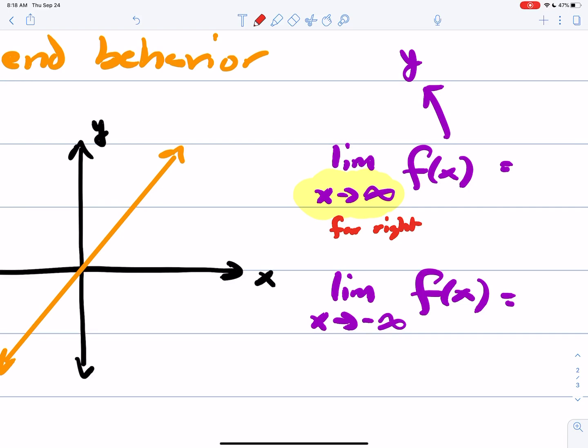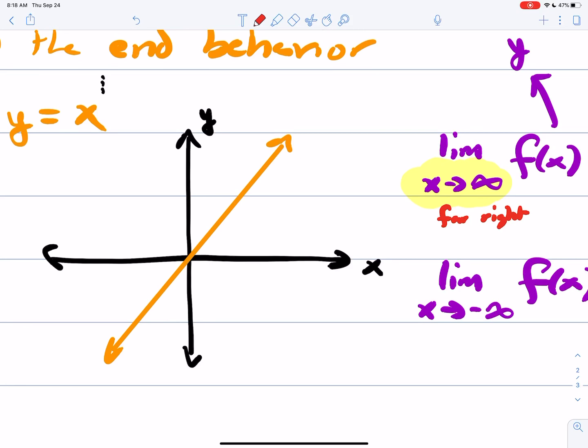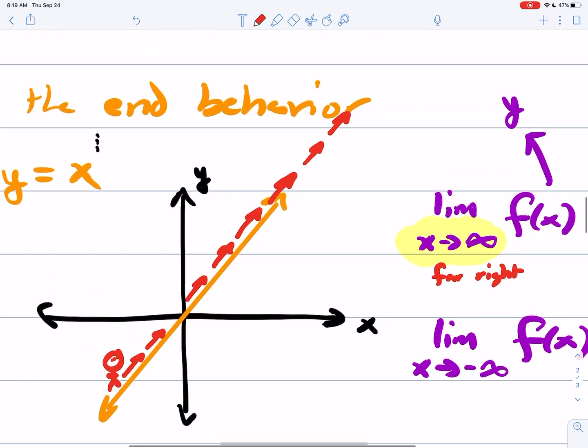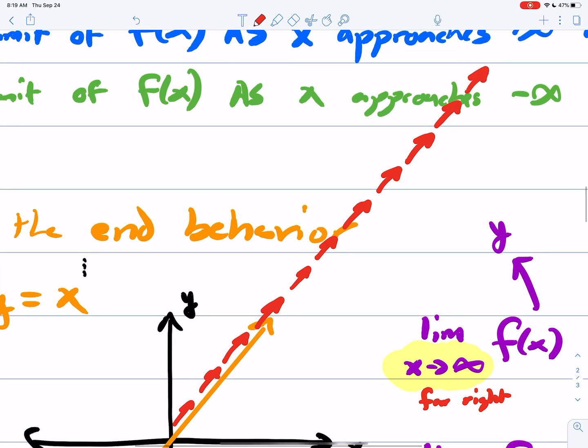If we're going to the far right, you wouldn't draw this on your sketch, but just to give you a visual, you're pretty much standing right here, and you're going to walk until you go all the way to the right of that graph. Even though the orange graph stops right here, it's implied that the graph keeps going all the way up or down. It keeps going all the way up towards what?